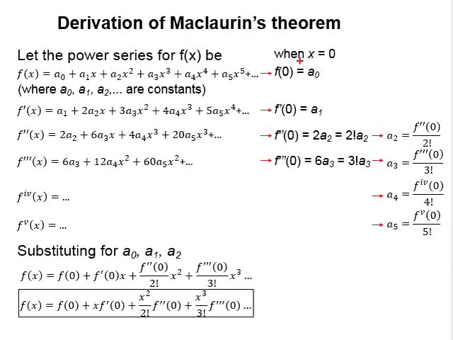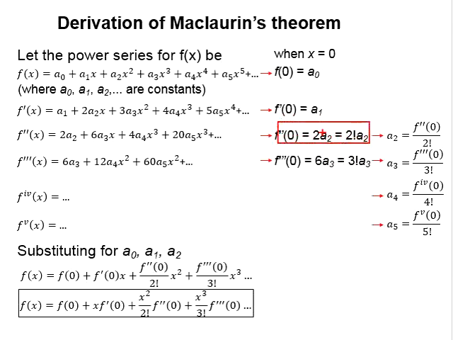You will observe there is a pattern in the sequence within the series, especially when you look at the third order of differentiations. The 2 here represents 2 factorial. The 6 here represents 3 factorial.